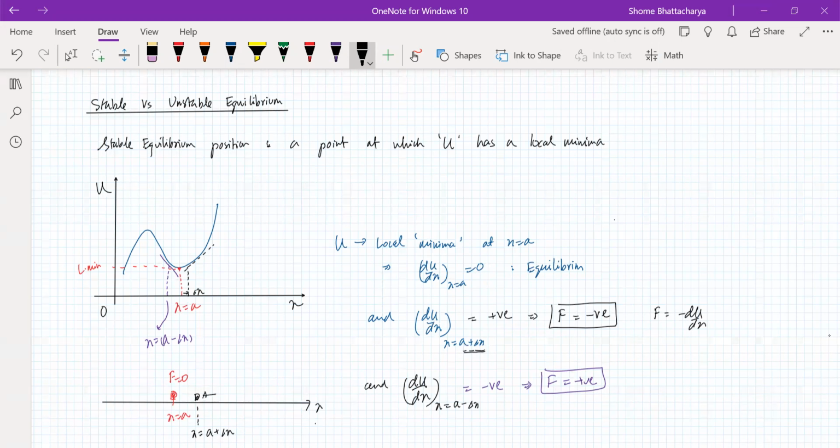It's becoming negative, which you can see here. Whereas if I shift the body towards the left, then the force is becoming positive. So this type of combination of force is called restorative force.